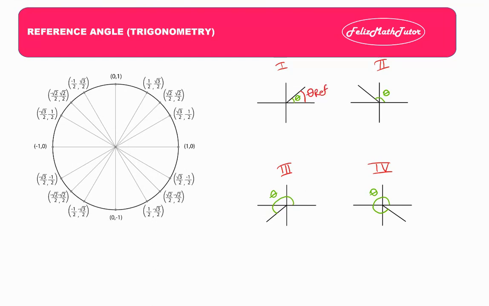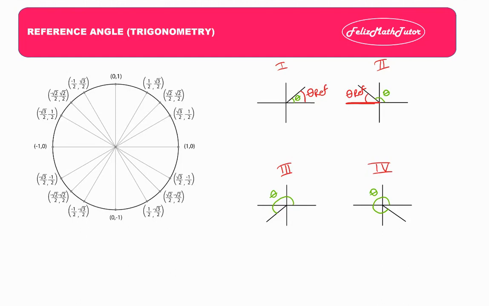But in the second quadrant, our reference angle is on the left side. Why? Because we are looking for an acute angle with the closest x-axis, so the closest x-axis is on the left.